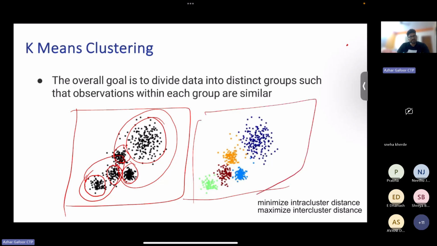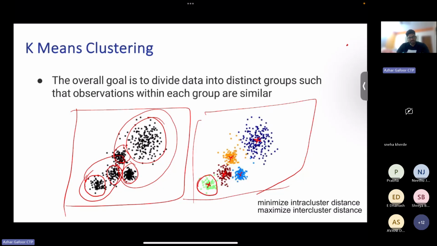One criterion that the algorithm follows is to minimize intra-cluster distance and maximize inter-cluster distance. Intra means within-cluster distance, which we have to minimize. Let's say for this data set the centroid might be somewhere here, and for this one it will be here. Similarly we have one for each cluster.